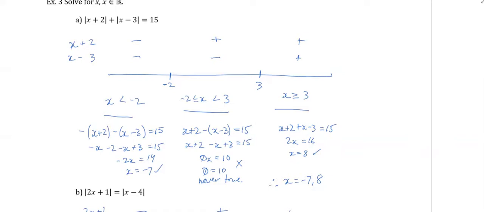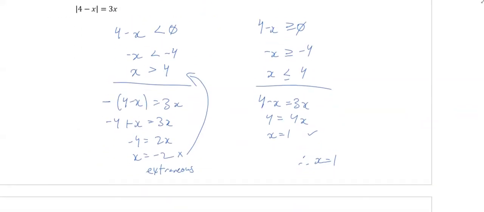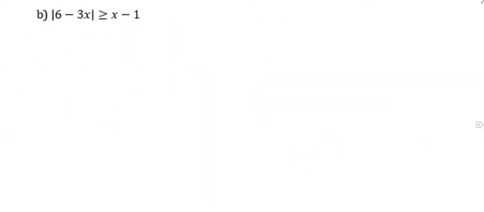Because I see people trying to break the wrong ones up into 3, that sort of thing. The difference is this is double absolute value, so we need 3 cases. This is a single absolute value, so I only need 2. Good.